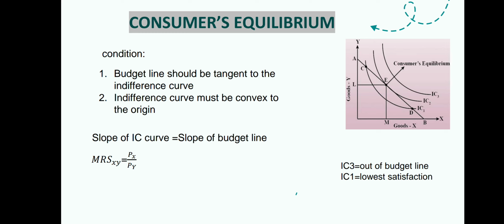The consumer's equilibrium point is denoted with E. As it is the tangential point, the slope of the IC curve and the slope of the budget line will be the same. So here we get the point that MRS is equal to the slope of the budget line, Px by P1.